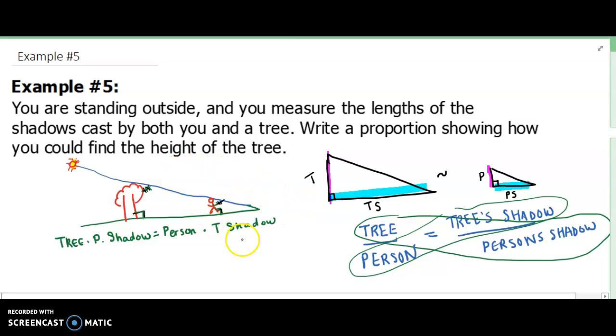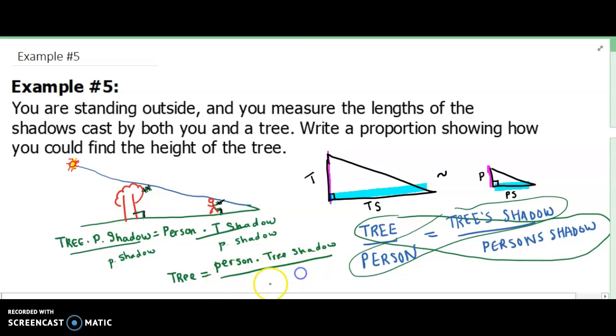And if I want to find just the height of the tree, I could divide both sides by the person's shadow. So I would get the tree equals the person times the tree's shadow over the person's shadow. And this would be my final answer.